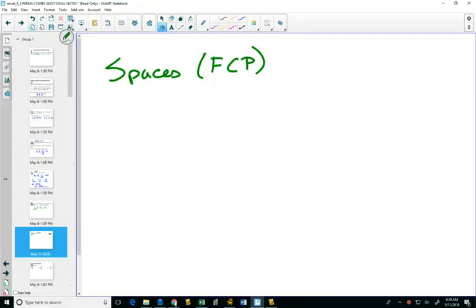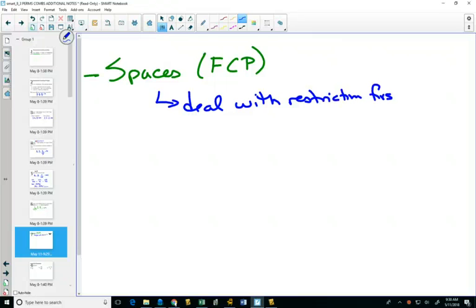And as a subset of that, we've learned that you have to deal with a restriction first. That's something new from these notes that didn't come up very much in our textbook. So spaces was one of the first strategies that we learned, and dealing with restrictions within that came up next.